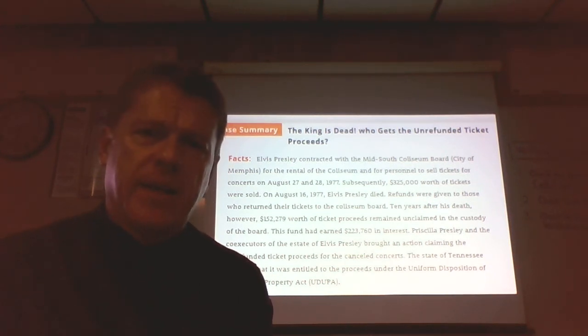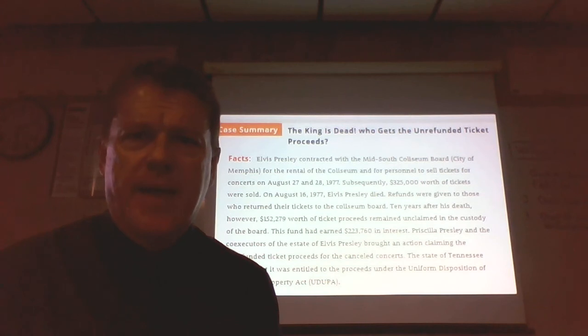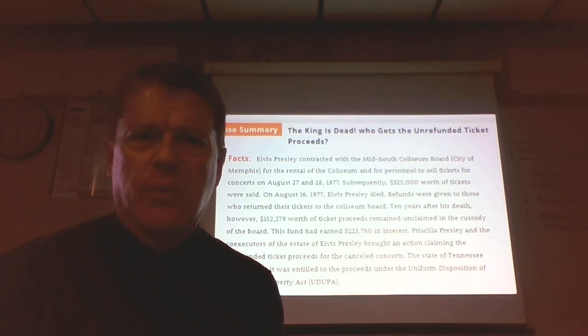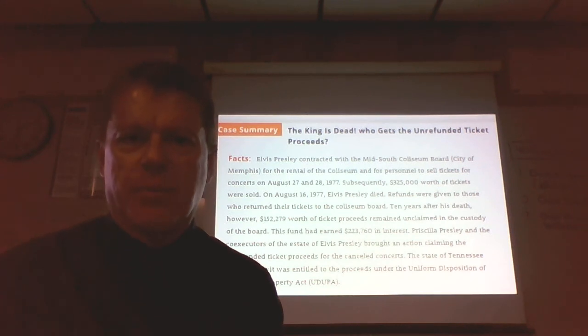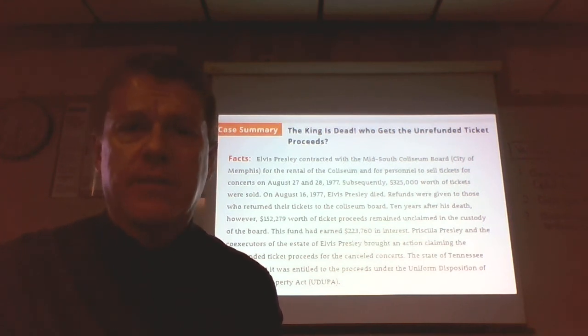And in Tennessee, they had passed years before what was called a Uniform Disposition of Unclaimed Property Act, and essentially this state law provided a framework or a pathway to follow to deal with unclaimed property in a unique situation like this.